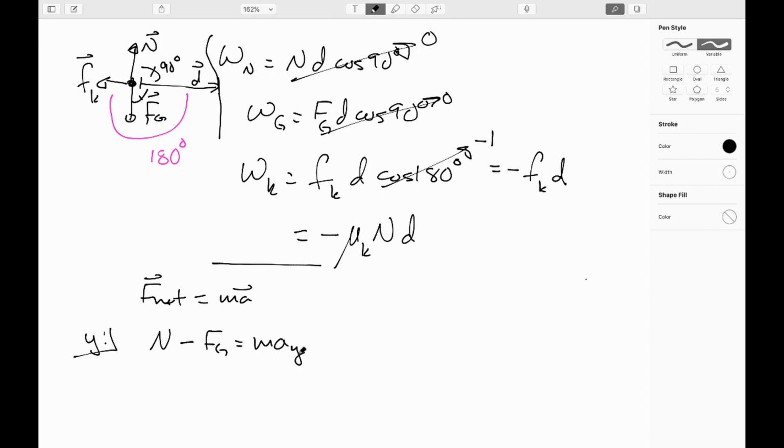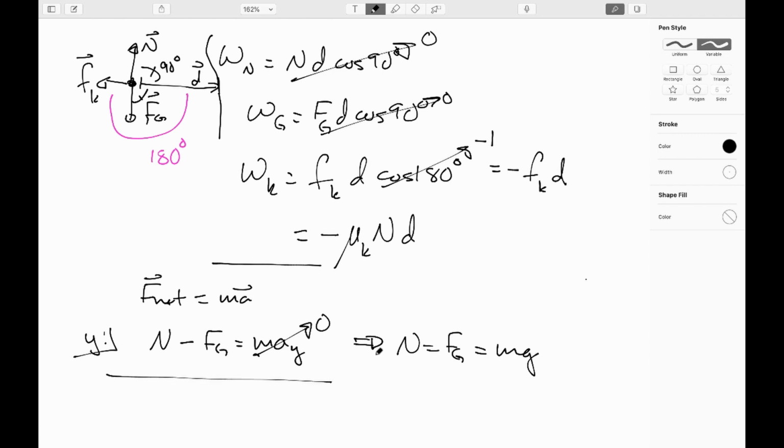Okay, so the correct response there is that the y component of acceleration is 0. This is because the block is neither levitating off of the surface, nor is it crashing through it. But anyway, this will tell us that the normal force is equal to the force of gravity, which is equal to mg.